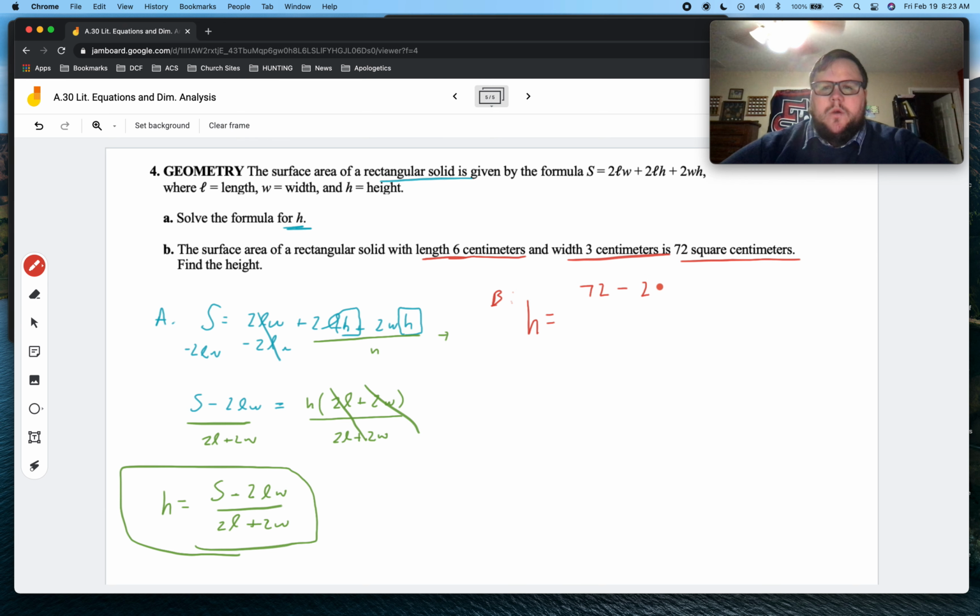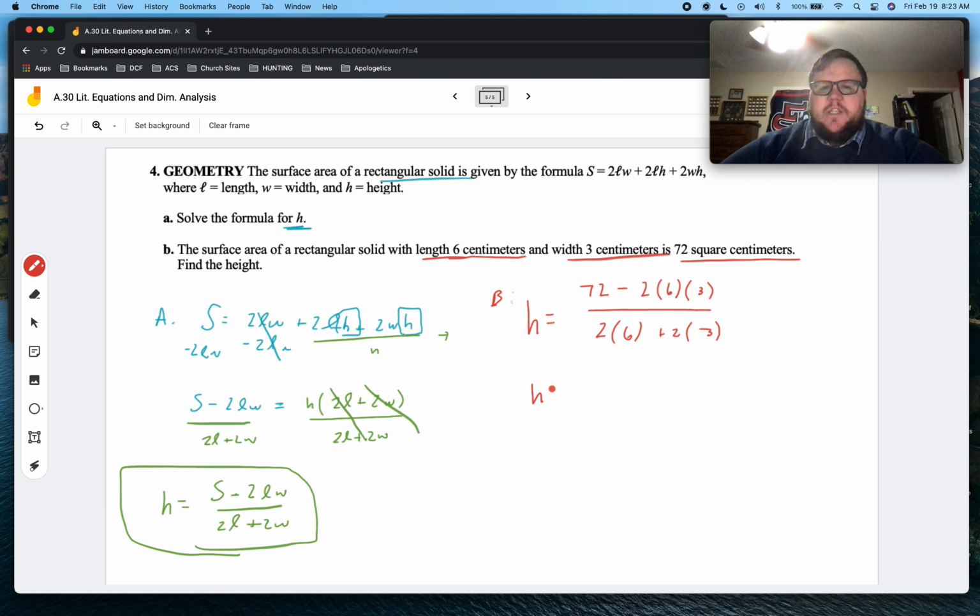Minus 2 times L. What's our length? 6 centimeters. Times what's our width? 3 centimeters. All over 2 times our length again, 6 centimeters, plus 2 times our width, which was 3 centimeters.